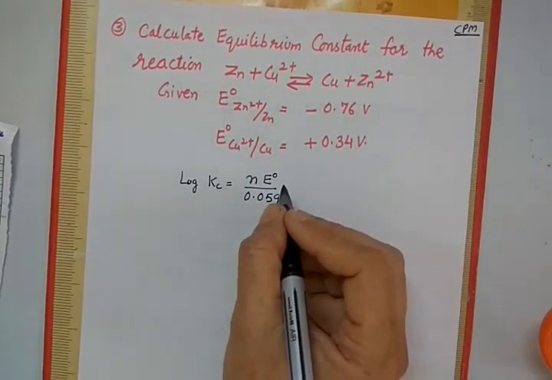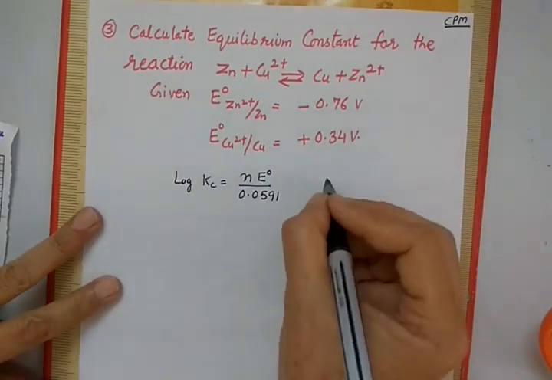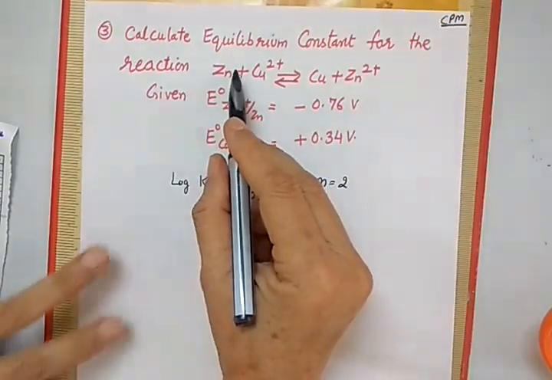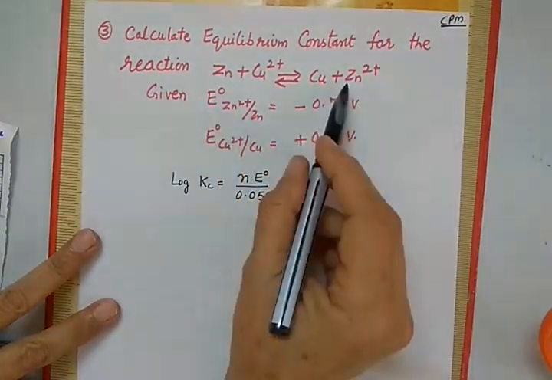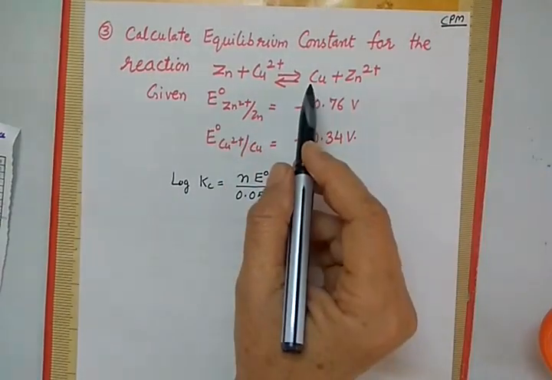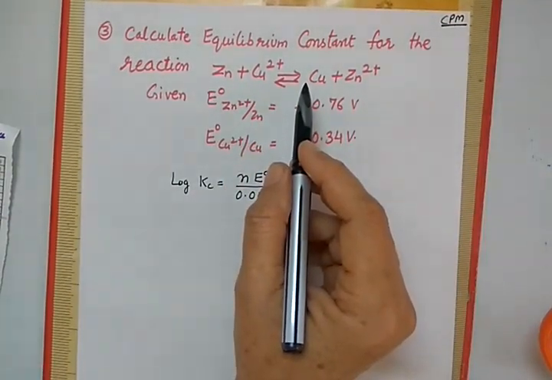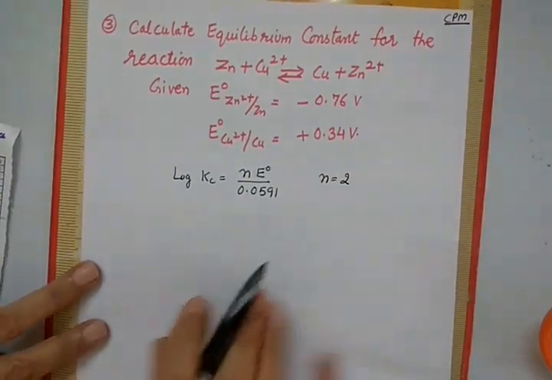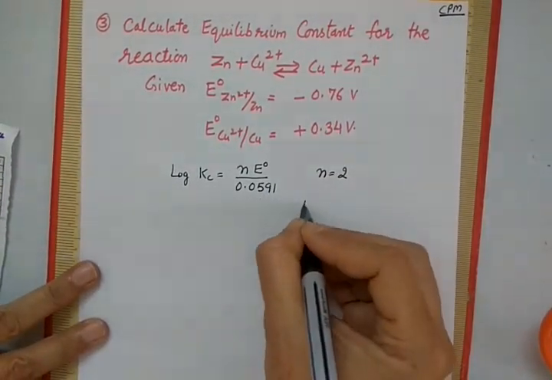And now what are we to find? We are to know the value of N. N is equal to 2 because 2 electrons are being exchanged. Zn is changing to Zn2 positive and copper 2 is gaining 2 electrons. So the number of electrons being exchanged is 2. And what is E naught?